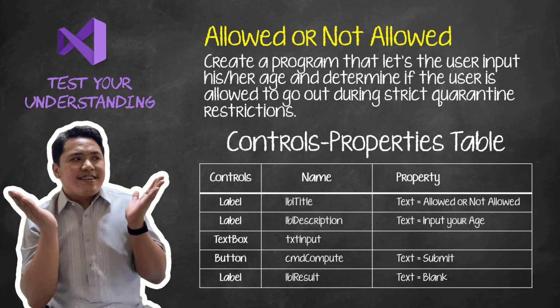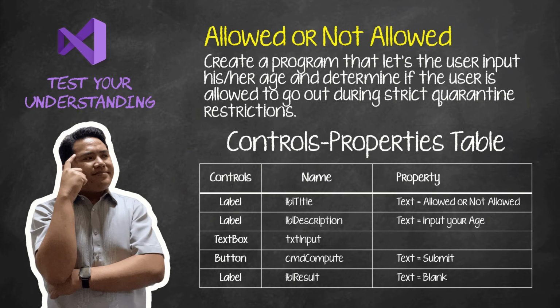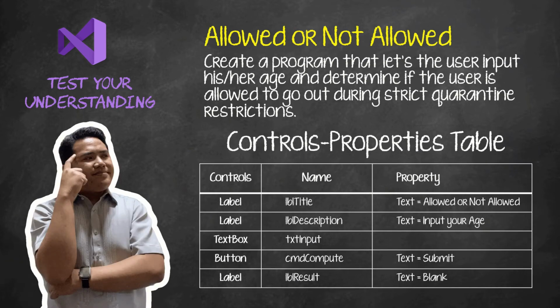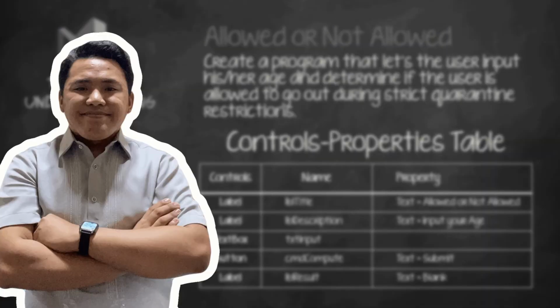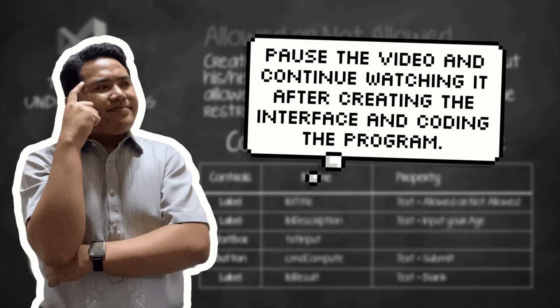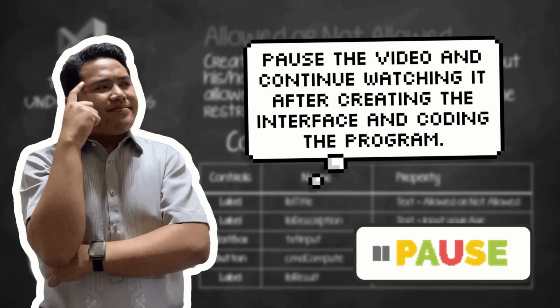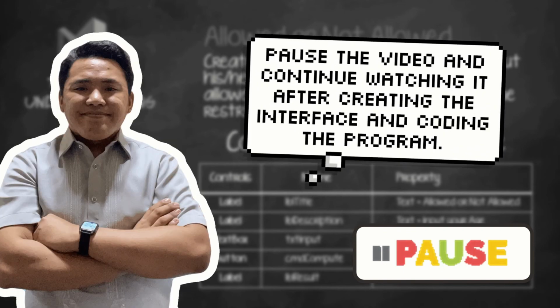Use the controls properties table in creating the interface of your project. Once again, it is recommended that you pause the video and continue watching it after you are done creating the interface and coding the program.